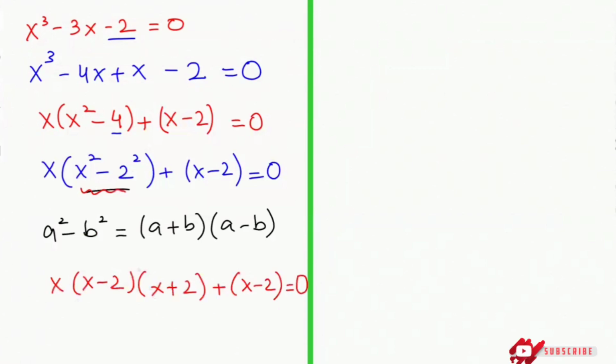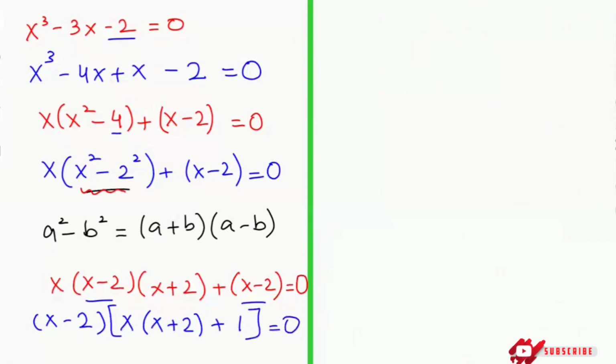Now I am going to take a common factor of x minus 2. So x minus 2 in brackets, x plus 2, plus here, since we took the common factor, we have 1, is equal to 0.